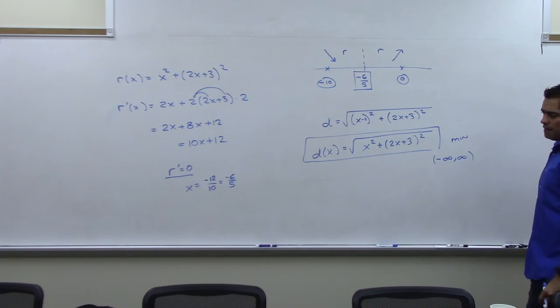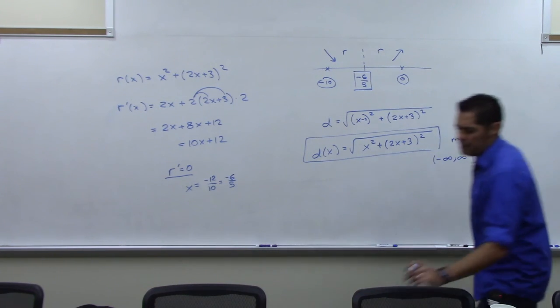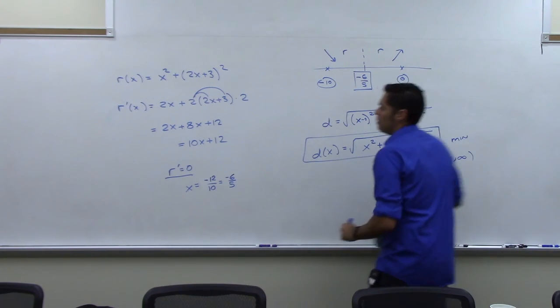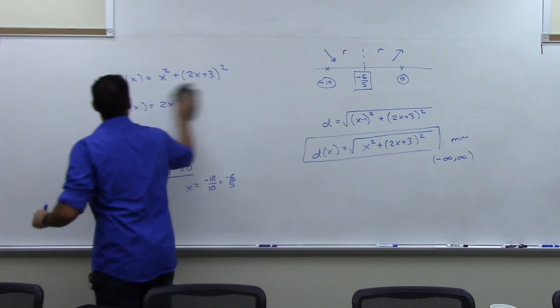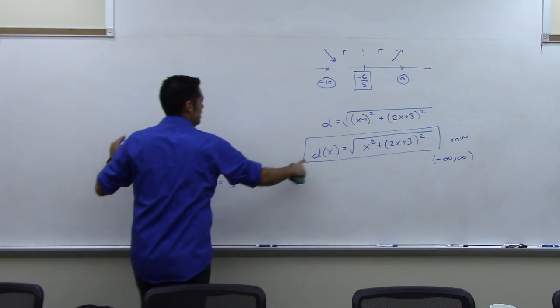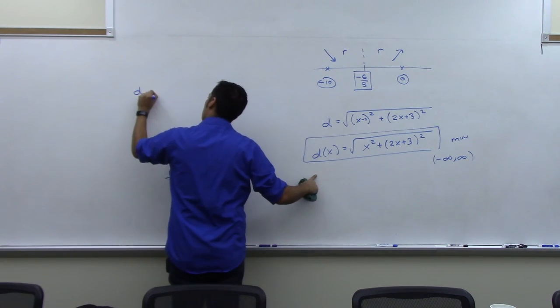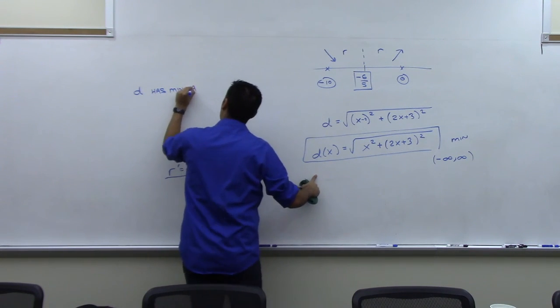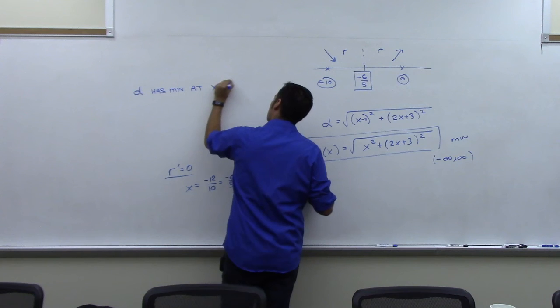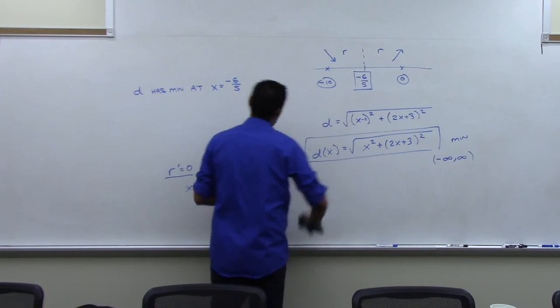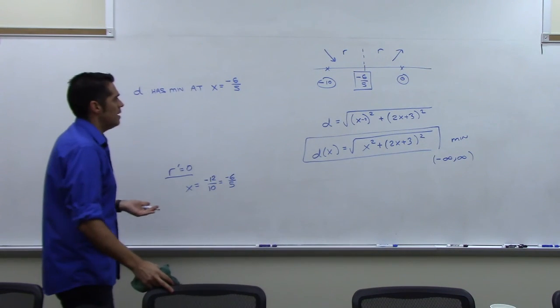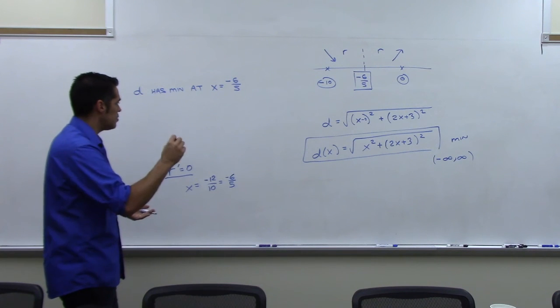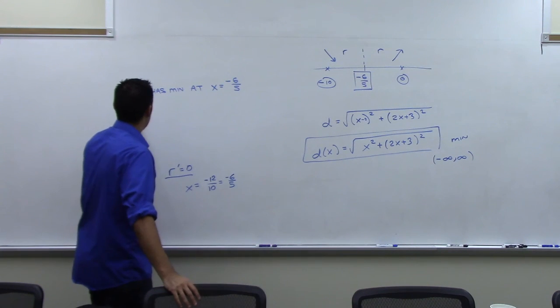So I have a minimum. D has a minimum at x equals negative 6 over 5. All right, but then what's y? I need the point, right? I know what the x coordinate is, but what about the y?